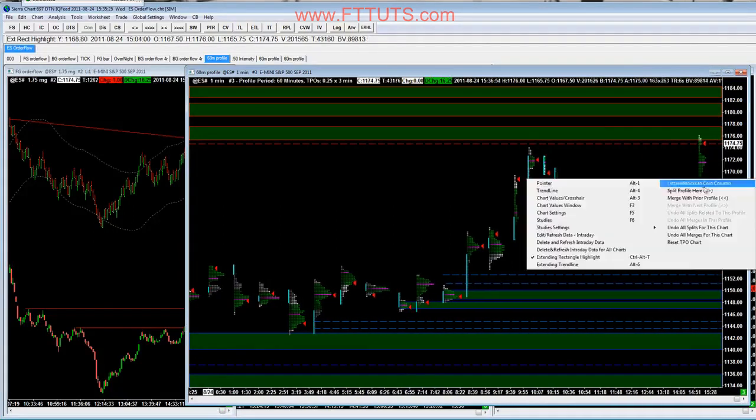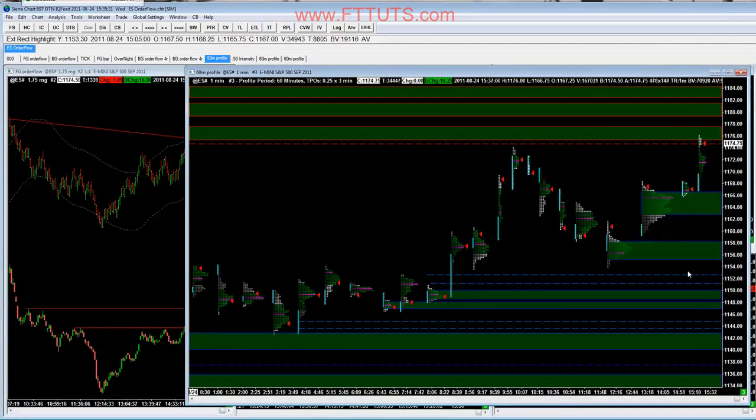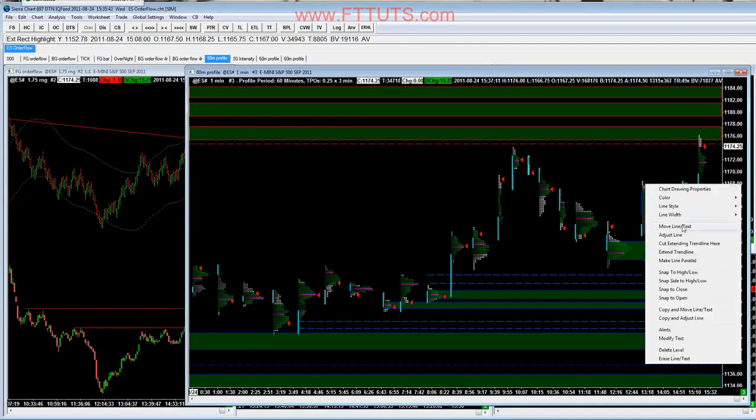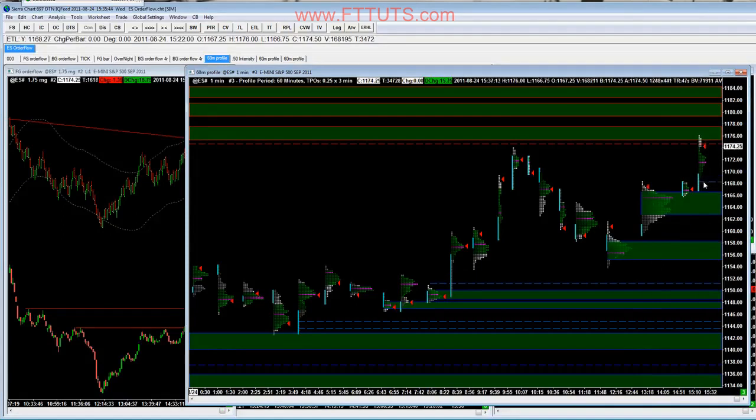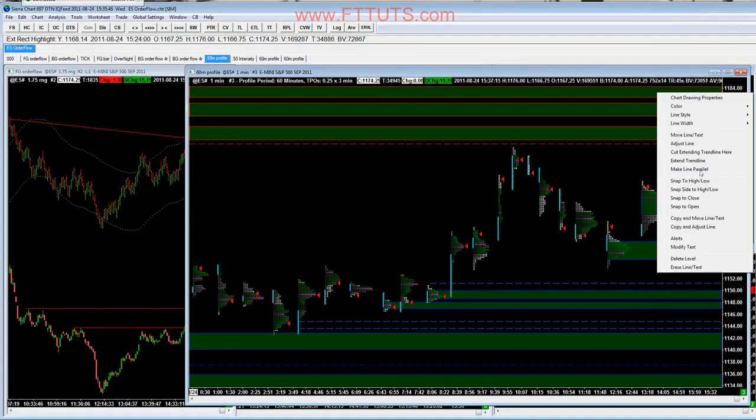You could actually go in here and split this out, take a look at what this looks like. You have a little piece of value here, but what we're going to do to bring our attention to this area is just going to highlight this imbalance here that's taking place.